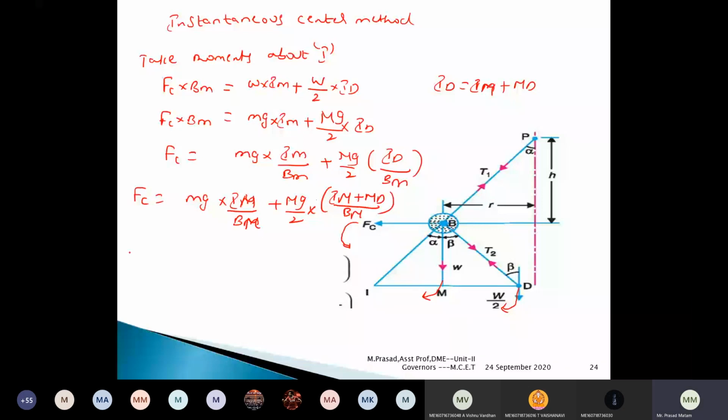Fc is equals to mg into Im by Bm plus mg by 2 into Im by Bm plus md by Bm. Okay. Now let us go for the second slide.